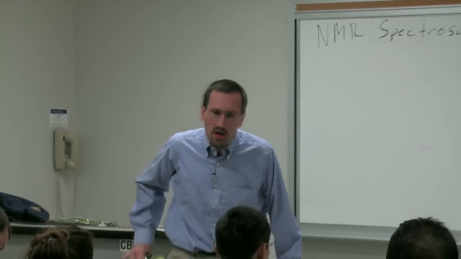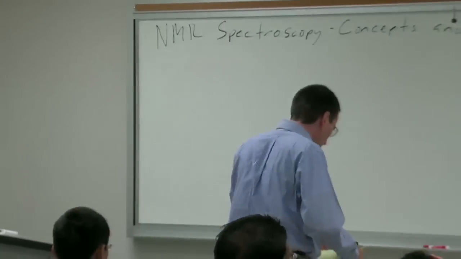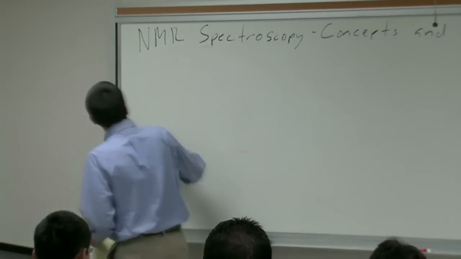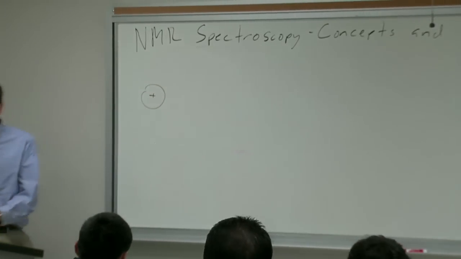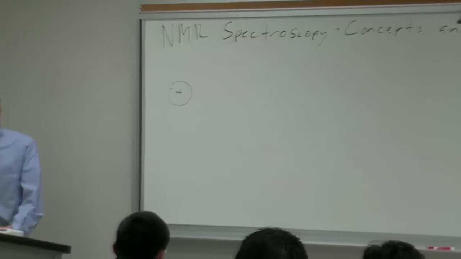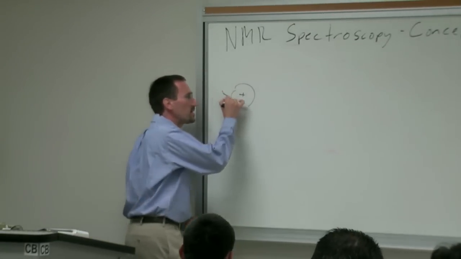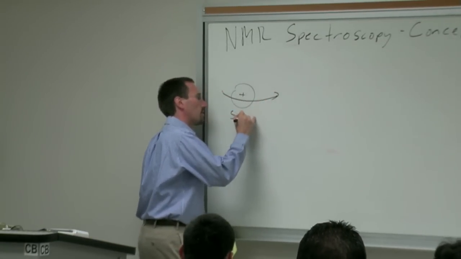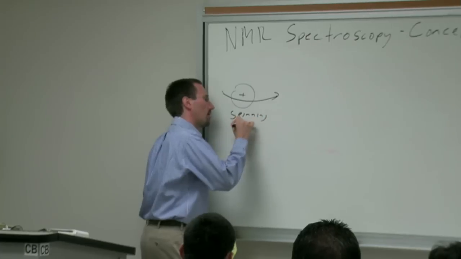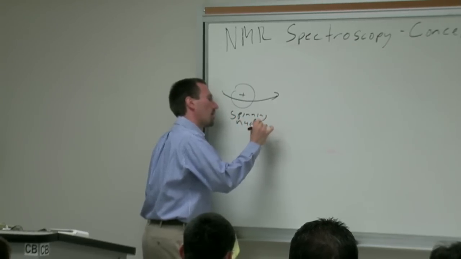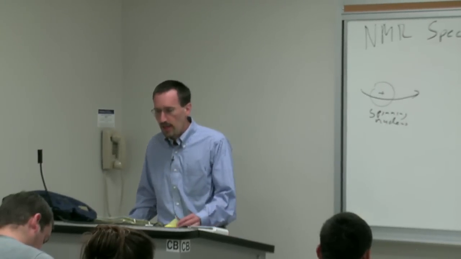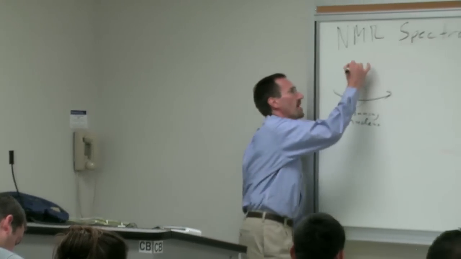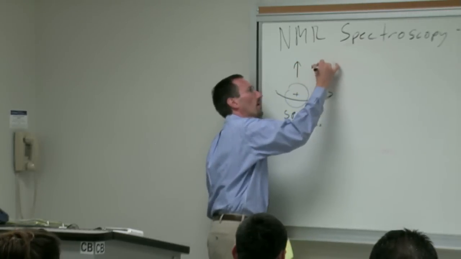So where NMR begins is with the concept that a nucleus of certain sorts, and I'll just write a proton for now, has a spin to it, and when you have a spinning charge, it generates a magnetic dipole.